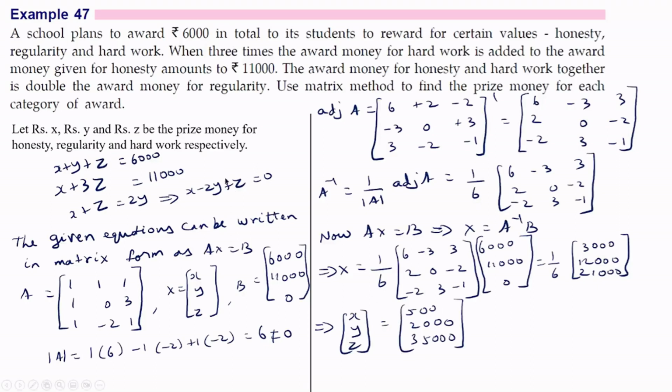Therefore, the prize money for honesty is rupees 500, for regularity is rupees 2,000, and for hard work it is rupees 3,500.